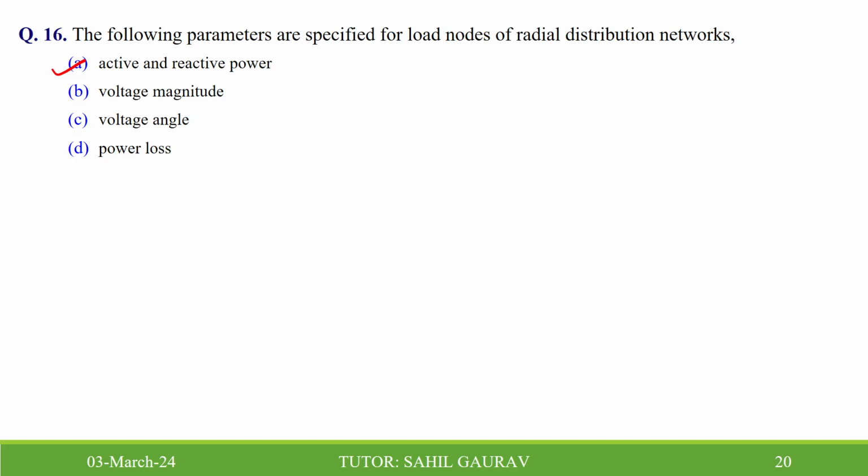There we define the load bus as the PQ bus where active and reactive power are specified. Similarly here for load nodes, active and reactive power are specified, and we also treat the load as constant power loads. So that means active and reactive power are specified.